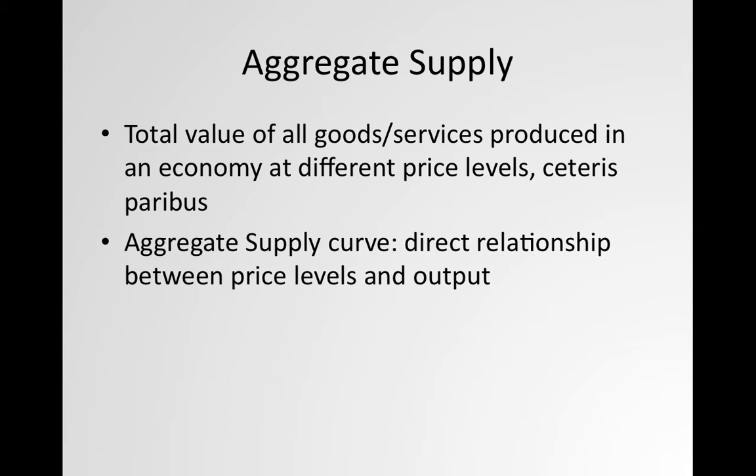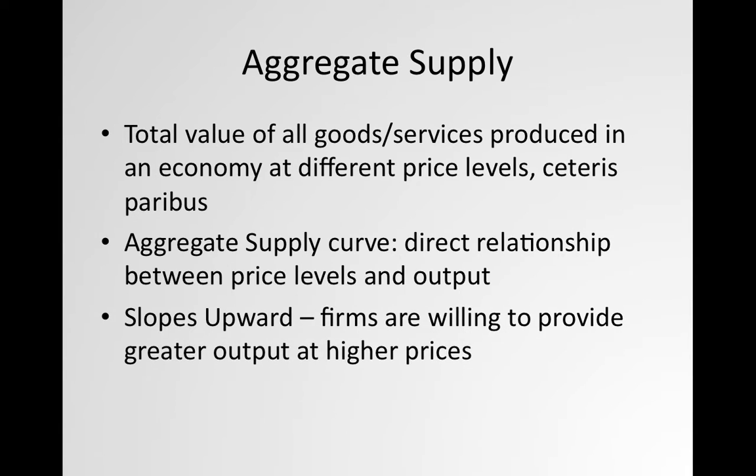Next, as you probably suspected, we said that aggregate demand has an inverse relationship, or a negative relationship. As one goes up, the other falls. Aggregate supply is the opposite. Just like supply in microeconomics, it's got a positive causal relationship, or a direct relationship. So as price level rises, in this case, so does output.